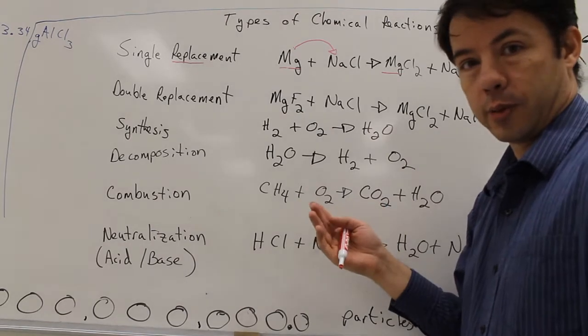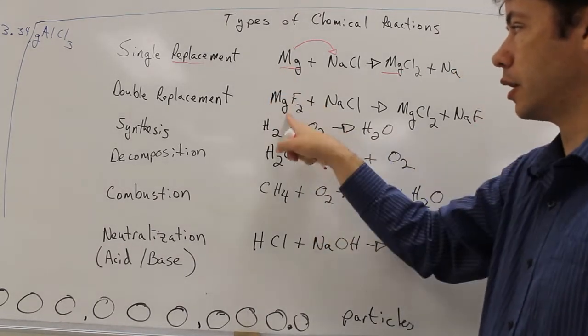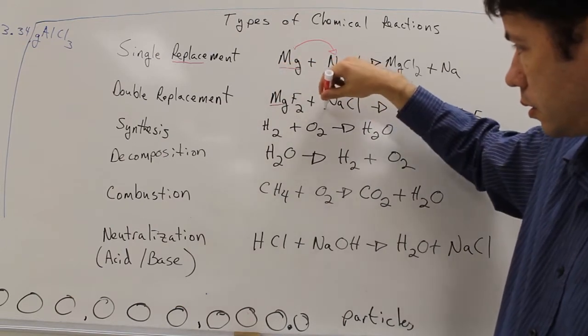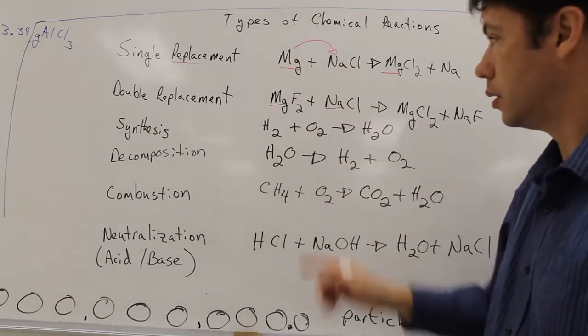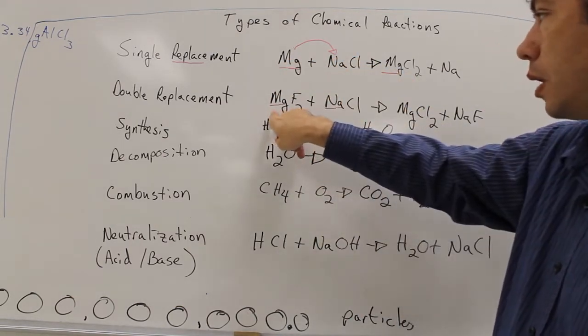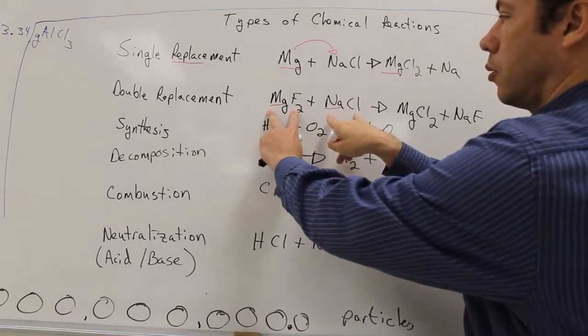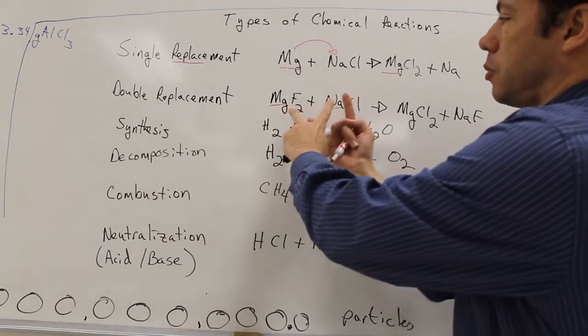Guess what double replacement is? Instead of a single element, now we're going to have two compounds. Magnesium is bonded to fluorine, and sodium is bonded to chlorine. They're going to basically switch partners.